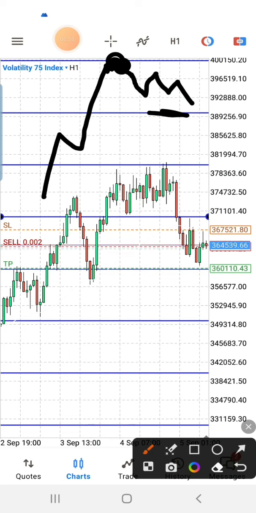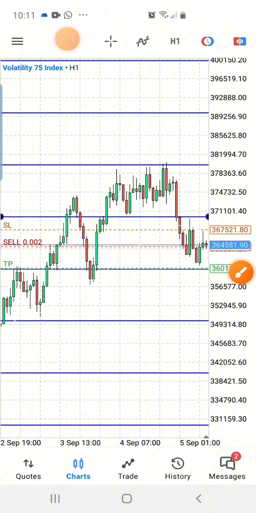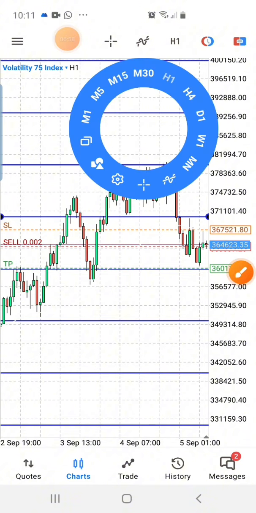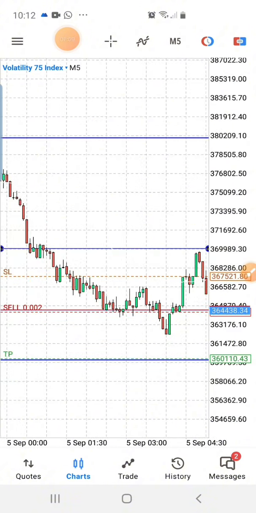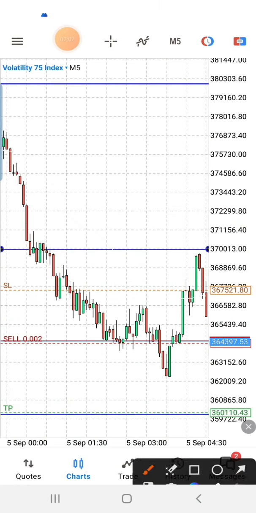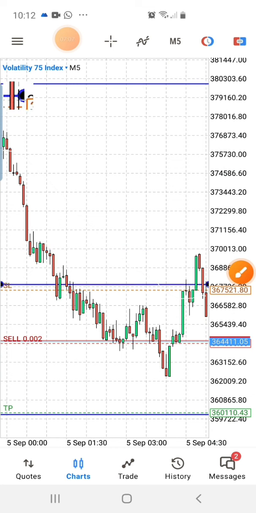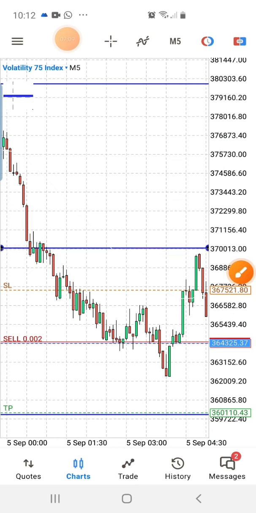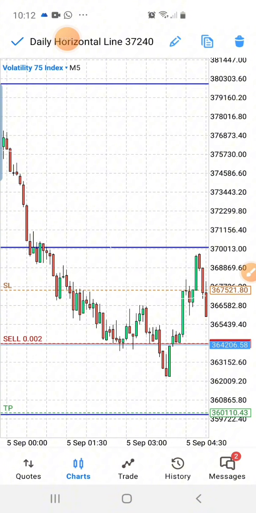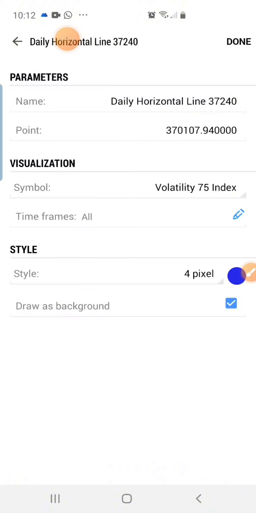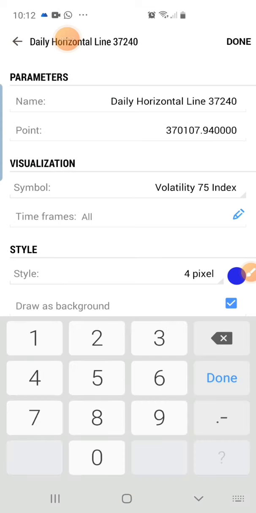If the price on the 5 minutes time frame, okay, let me go down to the 5 minutes time frame so that we'll have enough space. Now let's say that you have pictured the price bounce off. Sorry, let me see if I've changed that level. I want to make sure I've not changed anything.